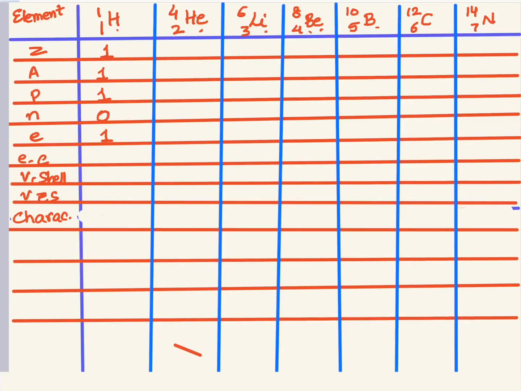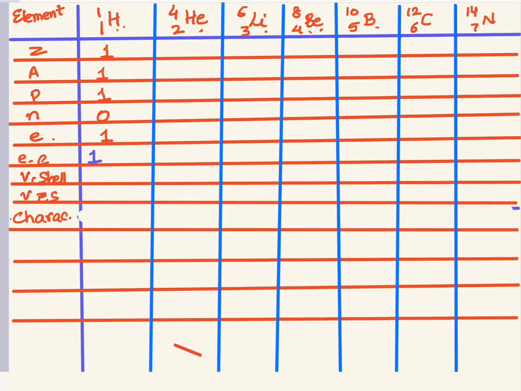So you remember this chart that we had drawn in structure of atom video number 2, part number 2, and we had made a row over here for electronic configuration. So when I've got hydrogen, number of electrons is 1. So how do I write the electronic configuration? Very correct, it will just be 1.